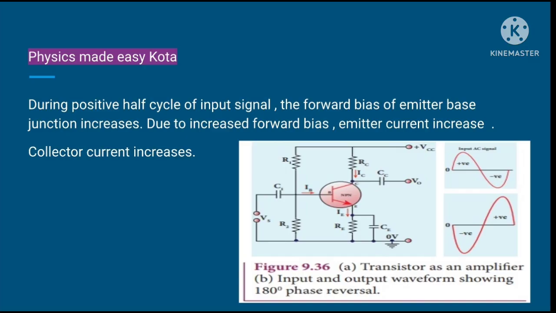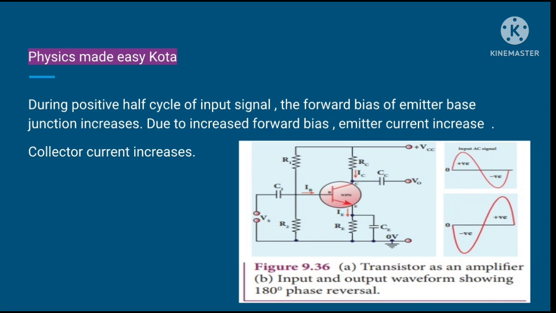Therefore the voltage drop across RL also increases. So the collector voltage decreases, since the collector is connected to the positive terminal of the battery. A decrease in voltage means the collector voltage becomes less positive, and in other words an amplified negative signal is obtained across the output.